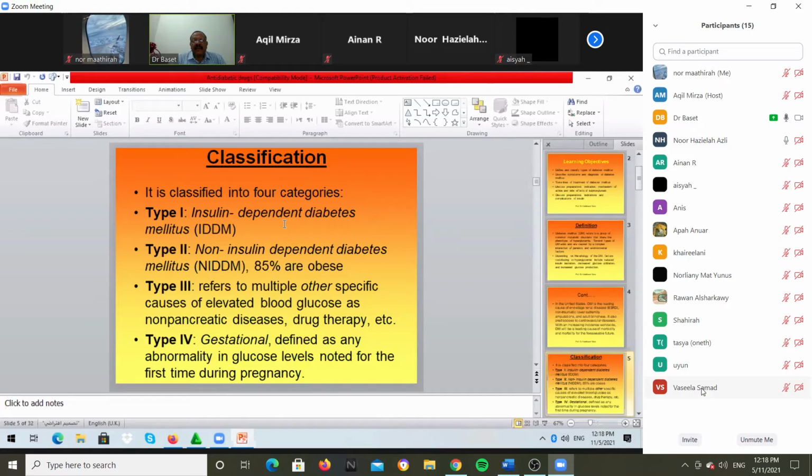What are the added type 3 and type 4? Type 4 is gestational. This is a pregnant female who has diabetes for the first time during pregnancy. This is known as type 4 or gestational diabetes.